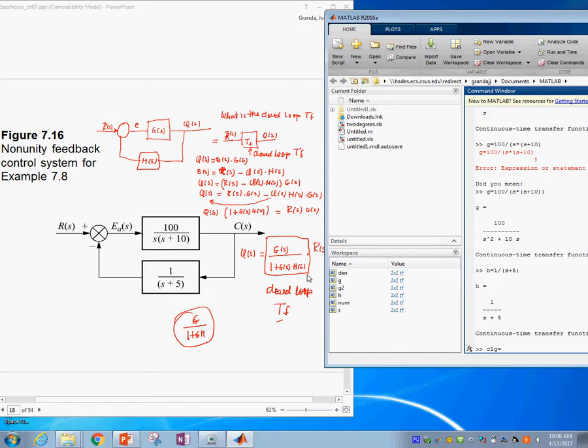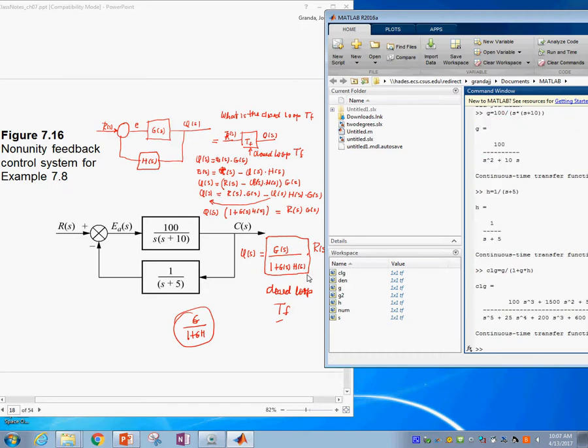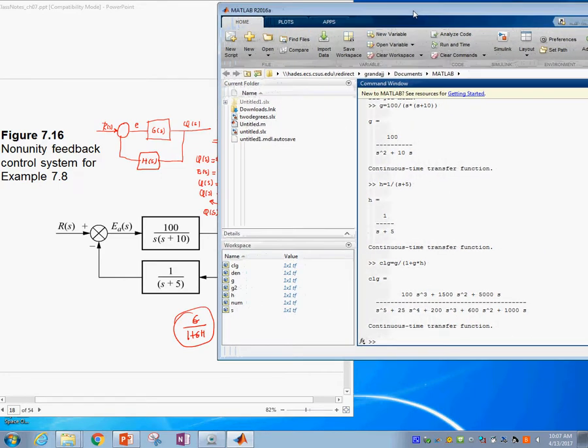We will have G as the numerator, divided by 1, and now we need to put parentheses to make sure, plus G times H, like this. And lo and behold, we have our closed loop transfer function.